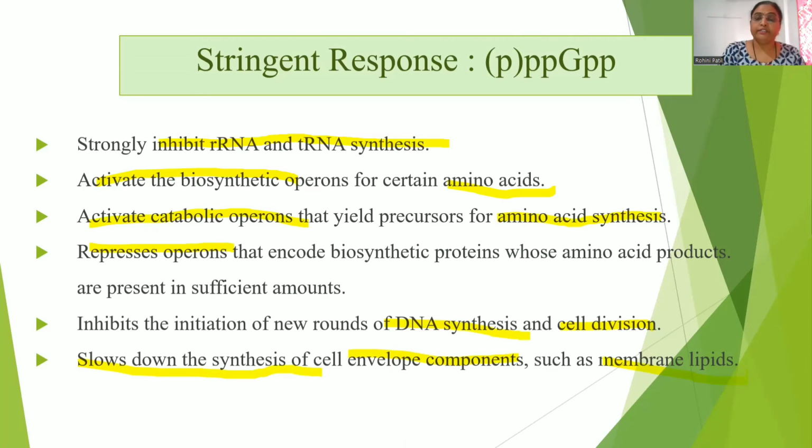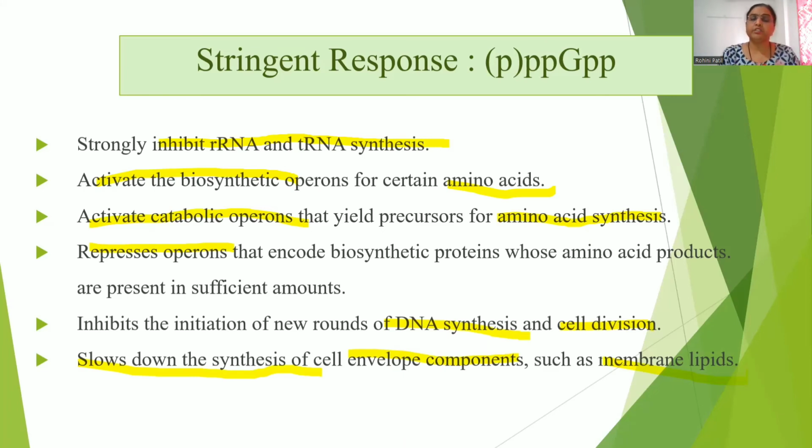And for DNA synthesis, there has to be continuous synthesis of DNA polymerases, and for that continuous synthesis there is no sufficient amount of amino acids. Due to that, there is an inhibition of new rounds of DNA synthesis, and cell division is also going to be limited.